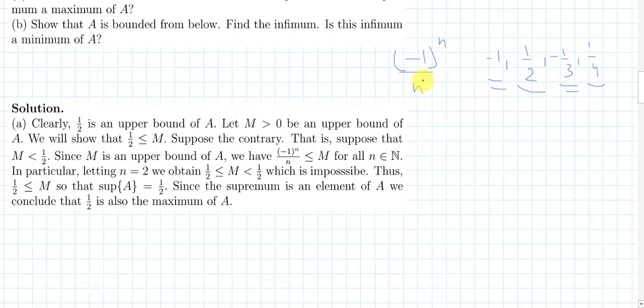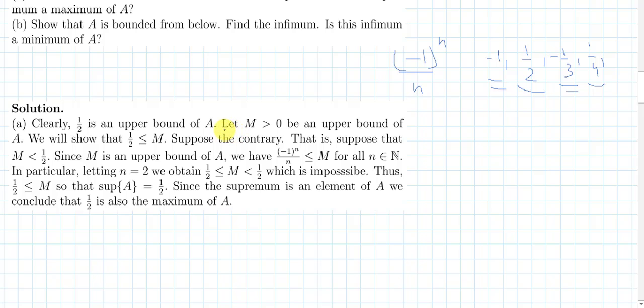So here, what is the upper bound for this set? You can see all other terms will be less than 1 over 2. So the upper bound of A is 1 over 2. And now we need to show it.